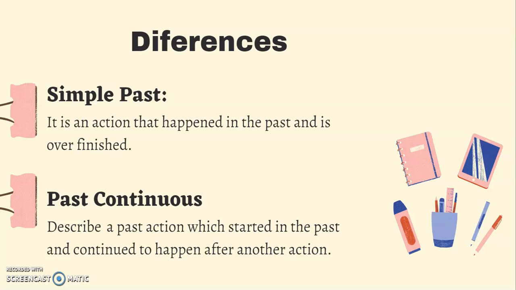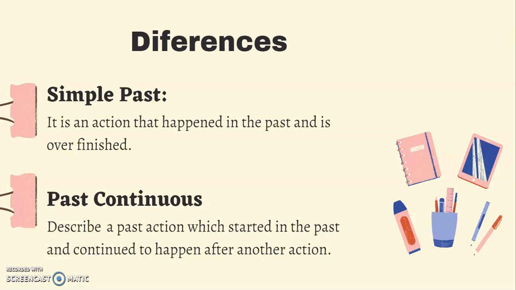Now past continuous. Describe a past action which started in the past and continued to happen after another action. It is something that happened in the past for a long time and continued to happen after another time or another action that happened too.